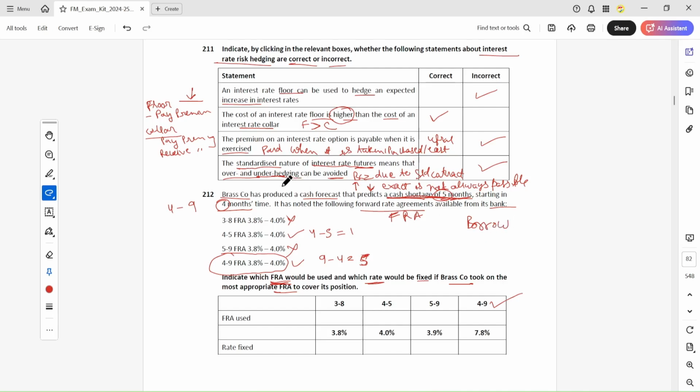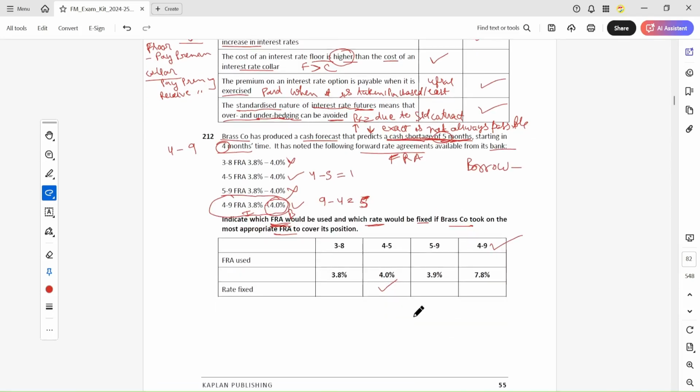So we are borrowing, and the bank charges higher interest when we borrow, but the bank gives lower interest when we invest. So which rate is applicable here? 4%.